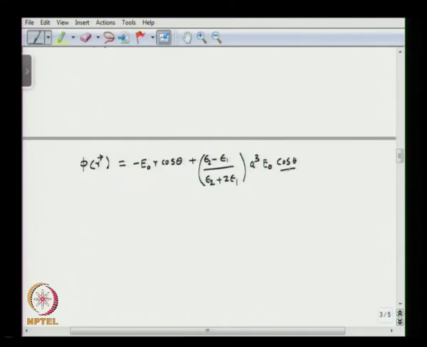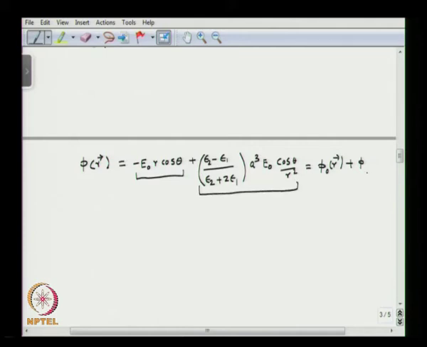Okay, which is equal to, so this is nothing but the unperturbed potential when you do not have the sphere in the uniform electric field, phi 0 of r, and this second potential is because of the dipole.